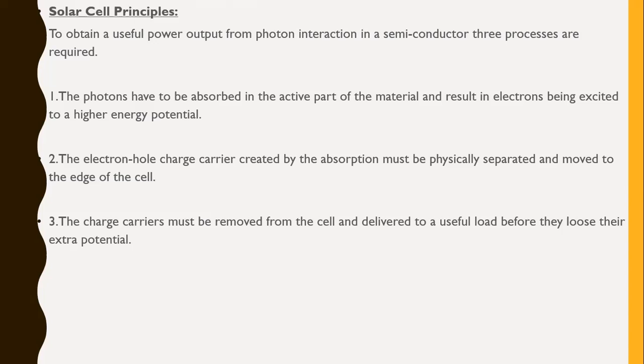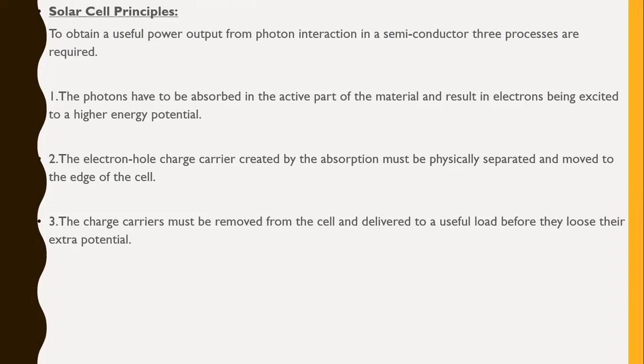Materials having different properties are brought into contact, and because of this contact a junction is formed between these two materials. So this junction has different electrical properties.